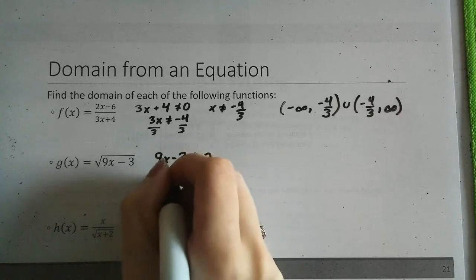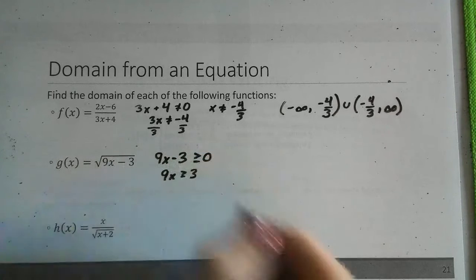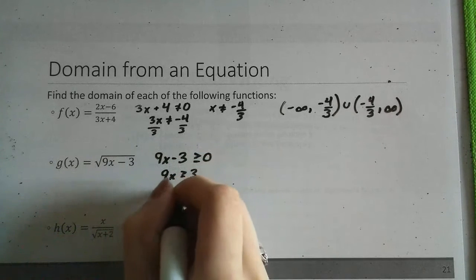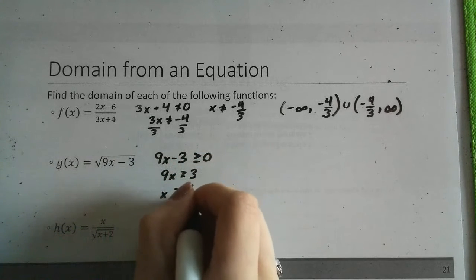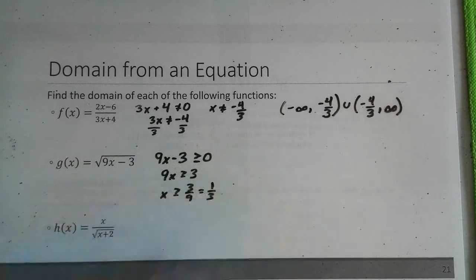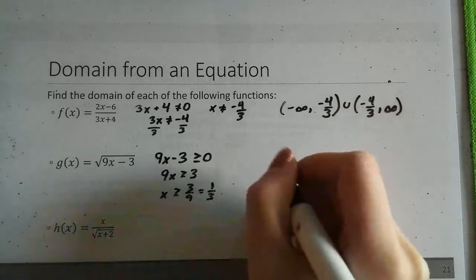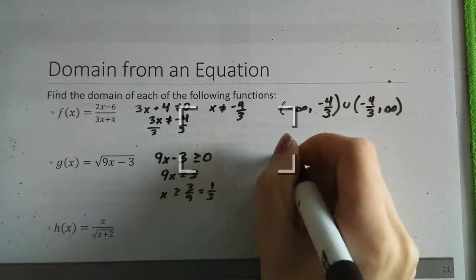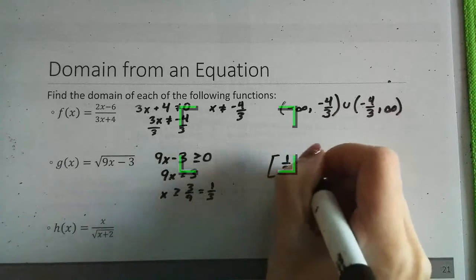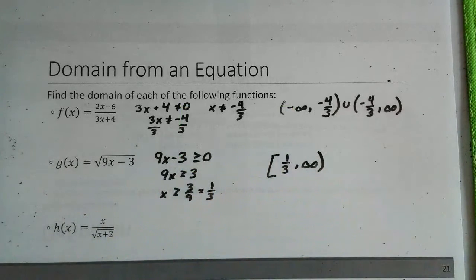I can add the 3 over. 9x is greater than or equal to 3, and divide by 9. x is greater than or equal to 3/9, which reduces to 1/3. To say that x is greater than or equal to 1/3, I have square bracket 1/3 to infinity.